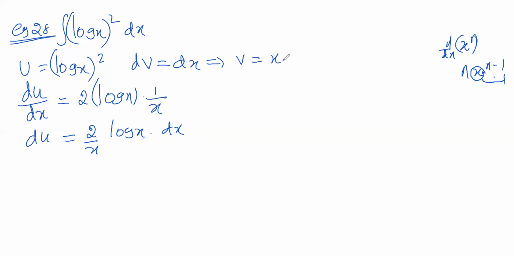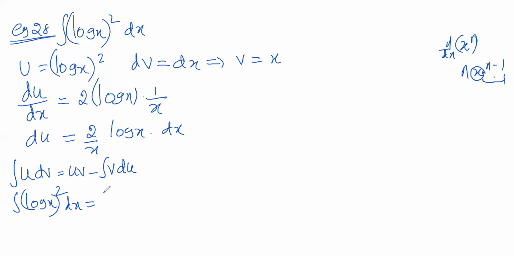Now, by the integration by parts formula, integral u dv is equal to uv minus integral v du. So u is log x the whole square, v is x, minus integral v du.